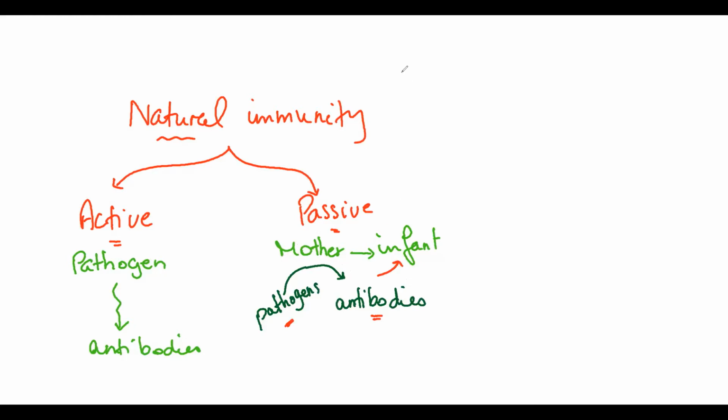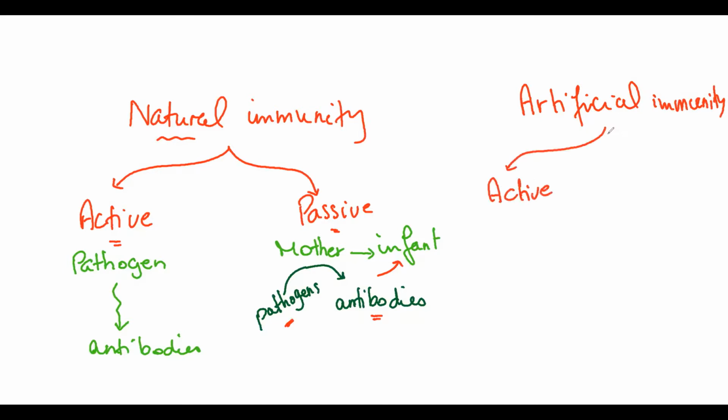But there is another kind of immunity, which is called artificial immunity. Of course, this again can be active artificial, and can be passive artificial.